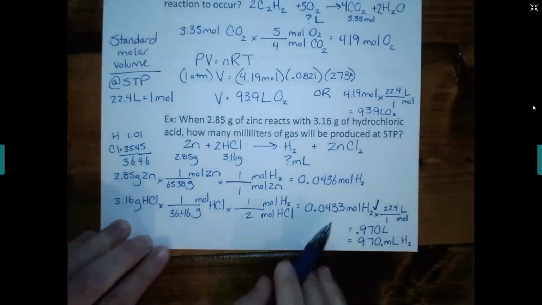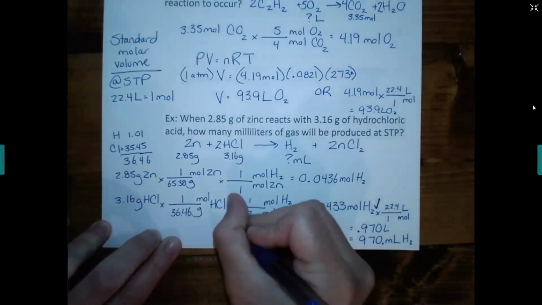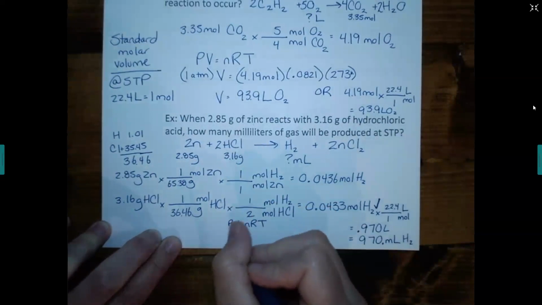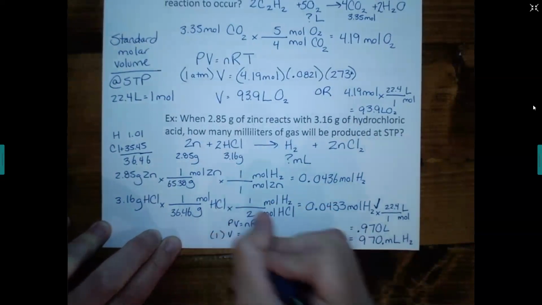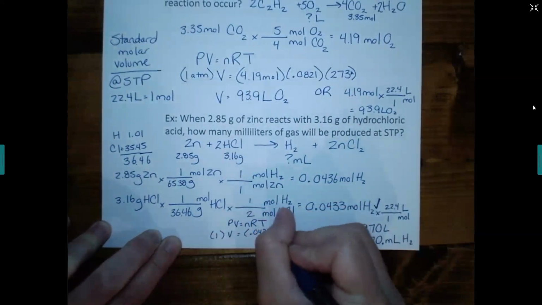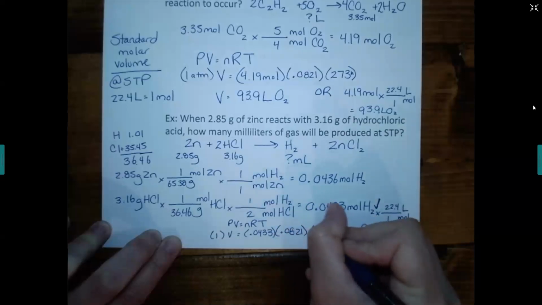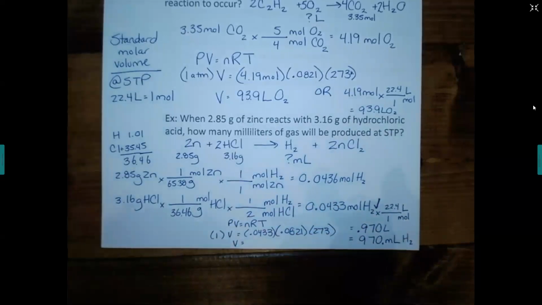Another option you have is plugging that into ideal gas law. So for PV equals nRT, your P is 1, your volume you don't know, n is 0.0433, R is 0.0821, T is 273, and then solve for V. I'm going to save myself some time.